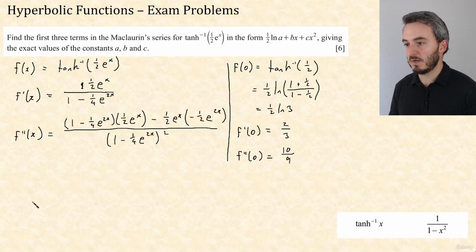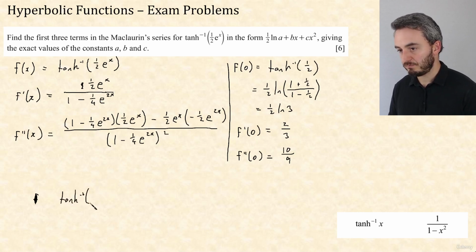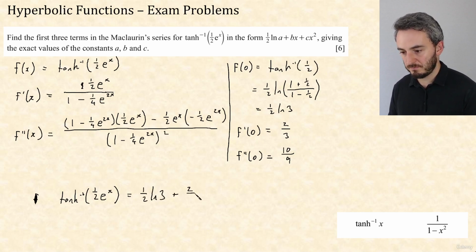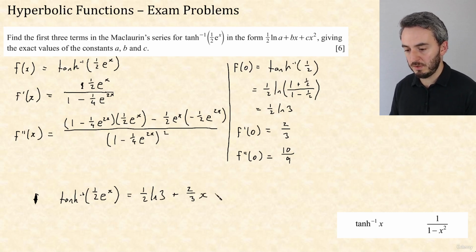That means my Maclaurin expansion, tanh to the minus 1 of half e to the x, is equal to half ln 3, that's the first term, plus 2/3 x, plus 10/9 of x squared over 2, so that's going to be plus 5 over 9 x squared, plus dot dot dot, and we are done.